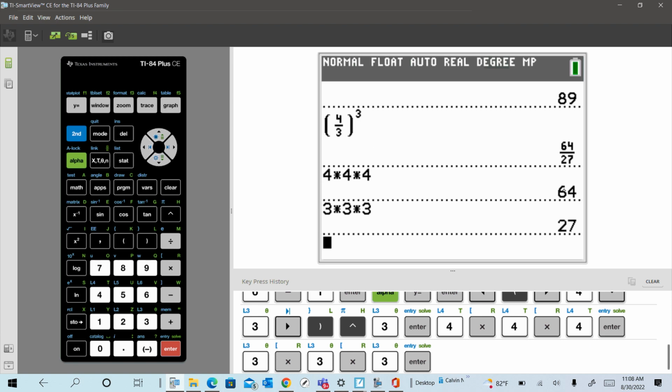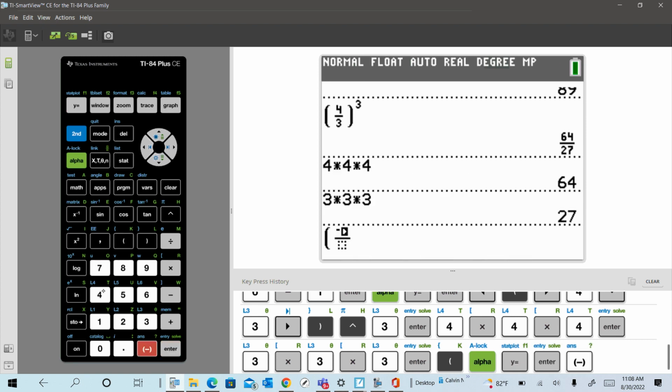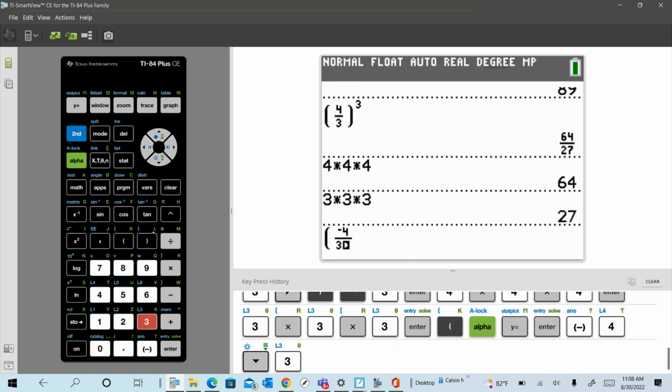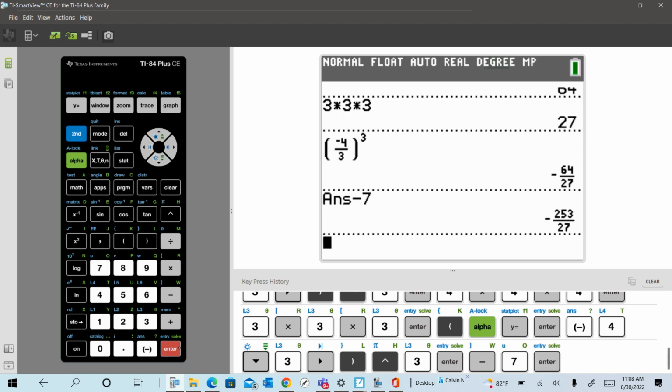Let me do that: negative 4 on top, 3, close the parentheses, raise it to the third power. Yep, it comes out to negative 64 over 27. Then we have to subtract 7 from that, so minus 7, enter, and we get negative 253 over 27.